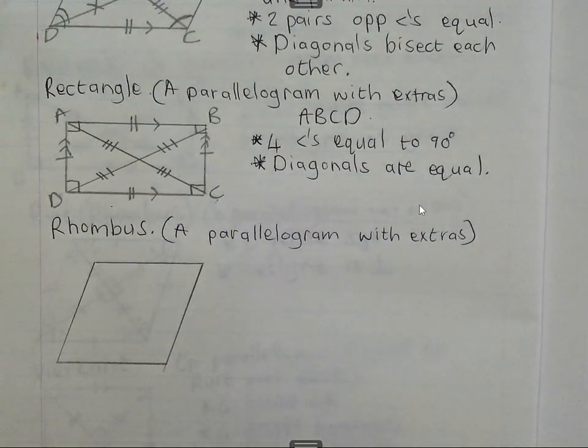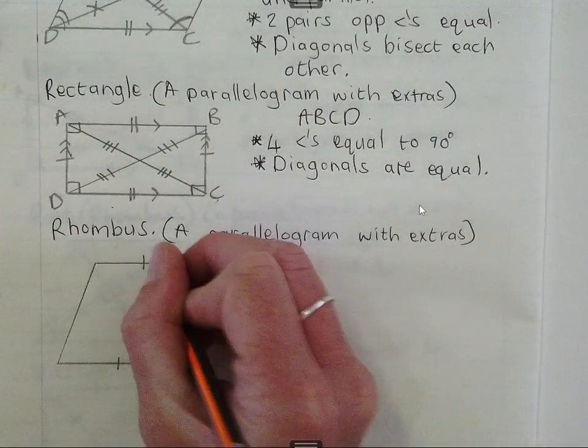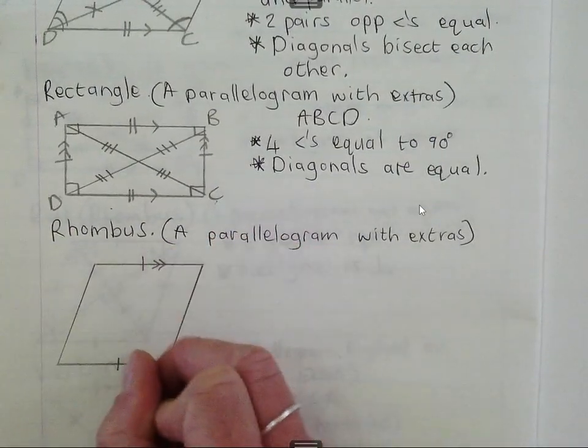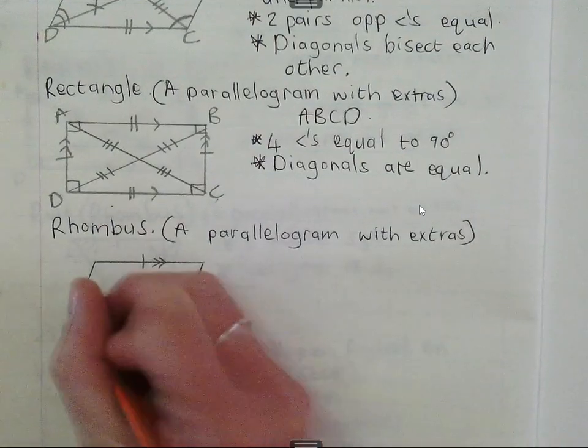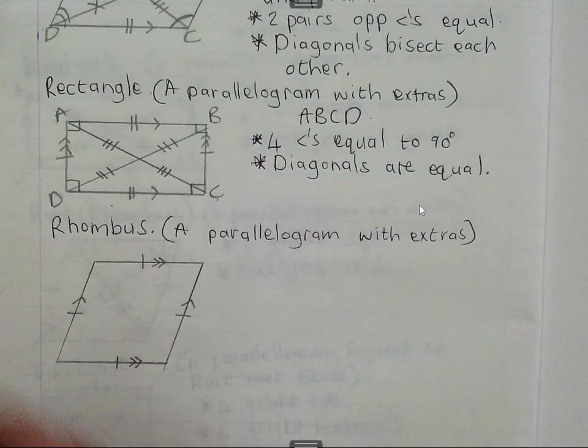But because this is a parallelogram, I know that it's got two pairs of opposite sides equal and parallel. But what is special about these sides? That all four of them are equal.